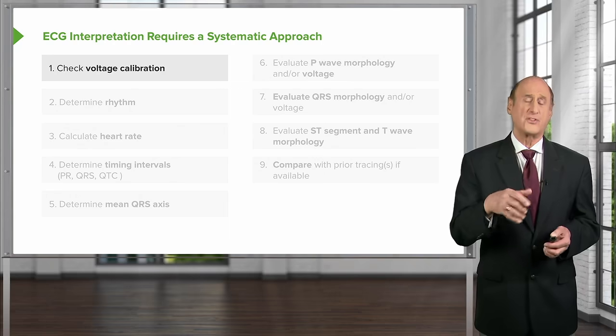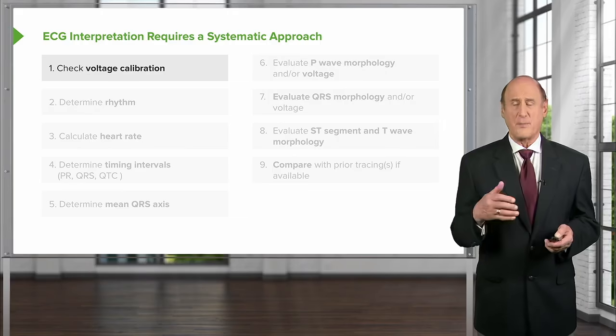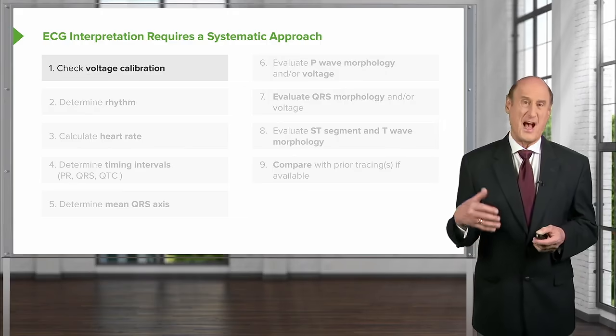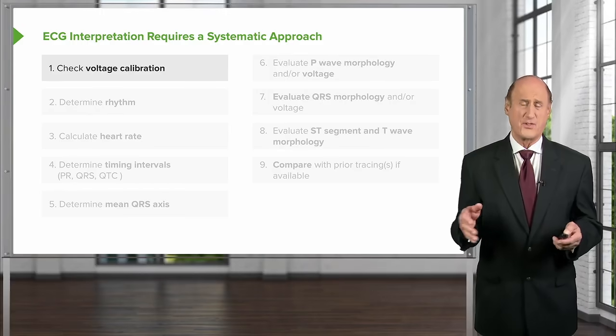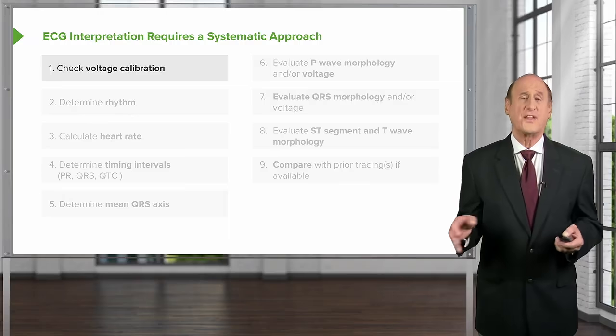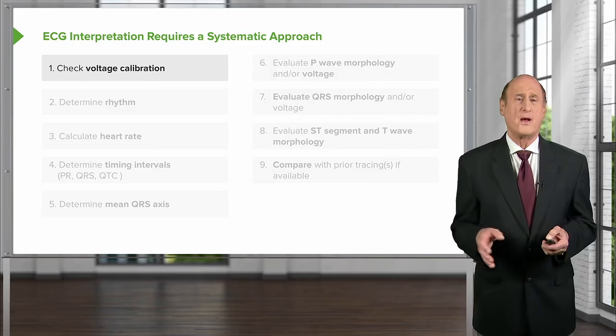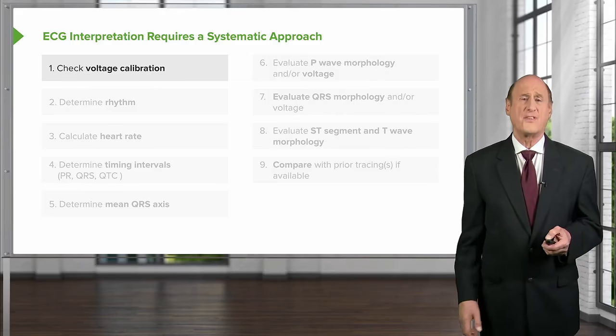That's 10 little boxes, and we'll show you examples of that. And it's always good to check that to begin with, because if they had been using the machine at a higher amplification, the complexes are going to look bizarre. They're going to be big and so forth, and you might make a mistake in reading. So first, make sure that the calibration is correct. Usually the technician takes care of that. But there's a little box that shows you the calibration is okay, and I'll point that out later.